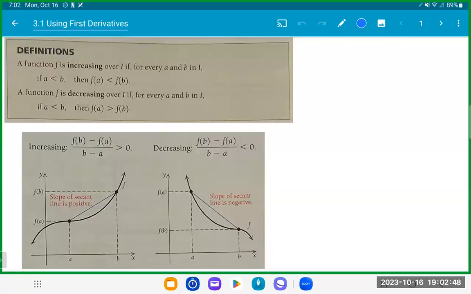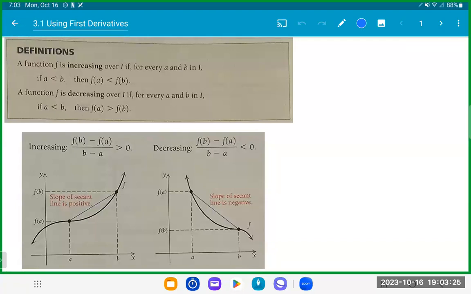Everything that we do in this chapter will continuously build so that at the end of the chapter, we'll be able to graph some of the more complex graphs based on the techniques that we learn and pick up along the way in each of these sections. So in this first section, we're going to use the first derivatives to help us determine maximum and minimum values in our graph.